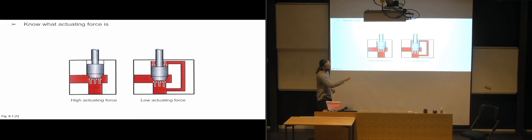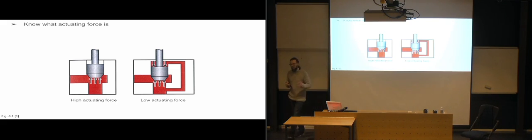But if you need to open it using a lower force, you can allow some of the fluid to escape and get to the back of it using a pilot channel. That means you will have some of the force counteracting it on the backside there, so you need less force in order to keep it in place.